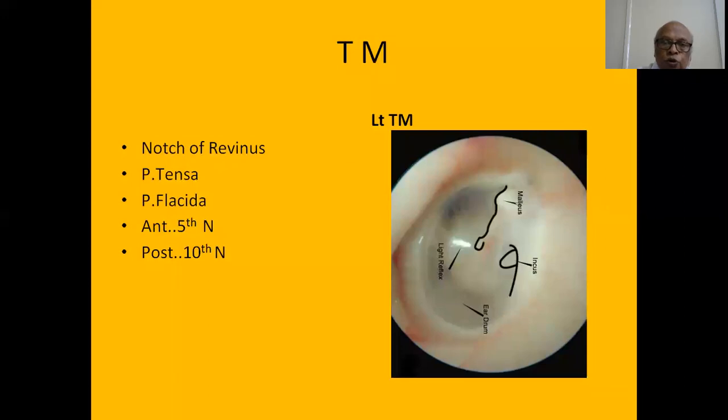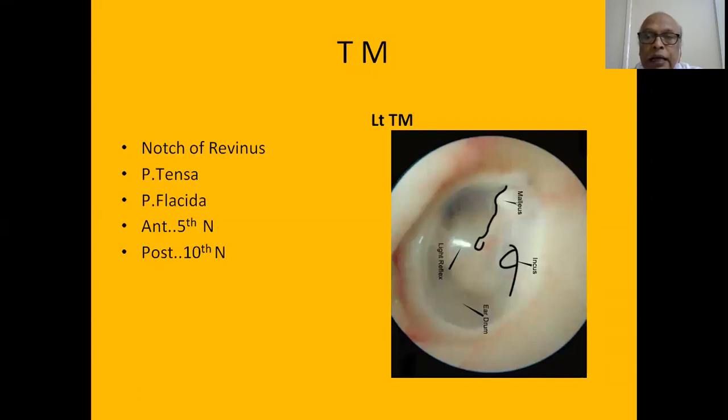In this groove there is a fibrocartilaginous ring, which you see in the light color, that is called the annulus tympanicus. This groove in which the annulus tympanicus is lodged is deficient superiorly.